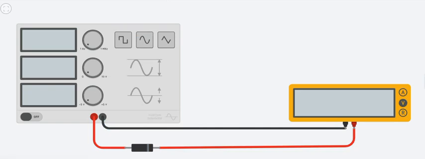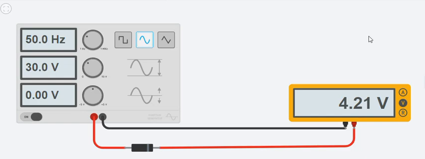You will see the difference that the DC voltage is climbing up gradually, right? Compared to before the diode.